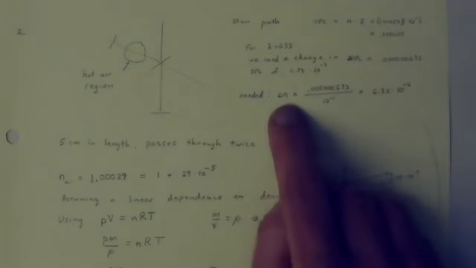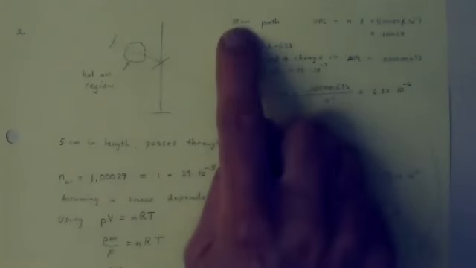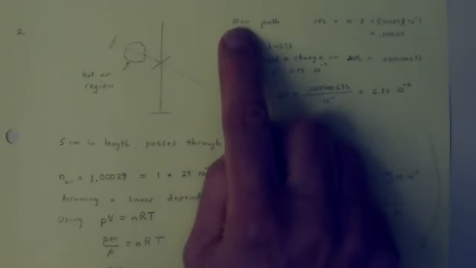So what I did was I first worked out what kind of change was needed in n, the index of refraction. You've got some hot air region, and it's a 10-centimeter path, but you go through it twice. Or it was a 5-centimeter region, but you go through it twice, so that's 10 centimeters.